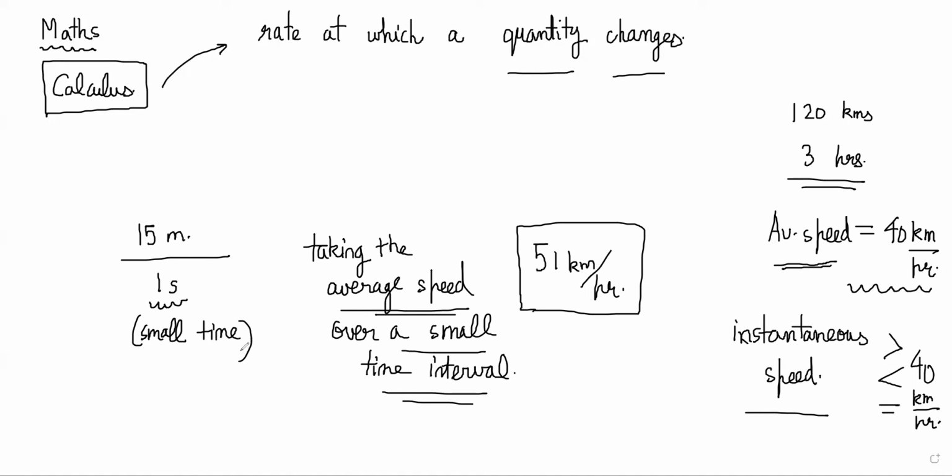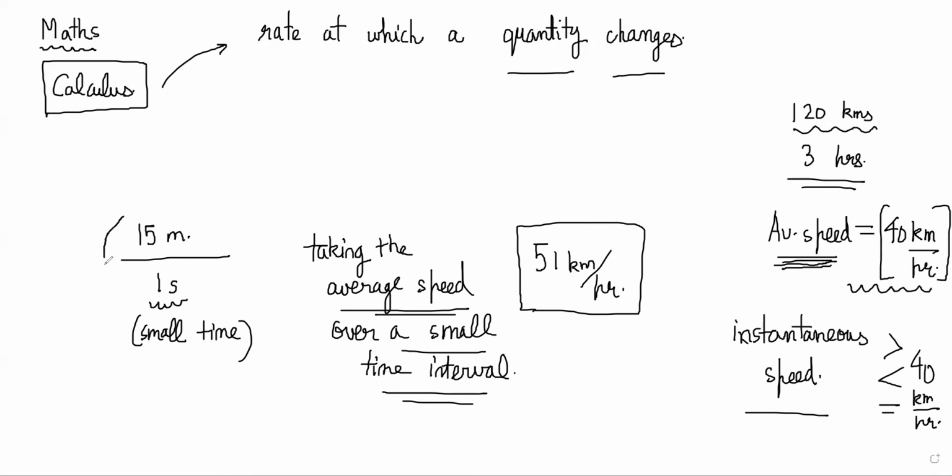Correct? Yes, sir. If you measured the whole thing over 3 hours, the car had moved this much. So this is the average speed over 3 hours. Right? Whatever we got, the 40, was what? It was average speed over what time? It was over 3 hours, right? Yes, sir.